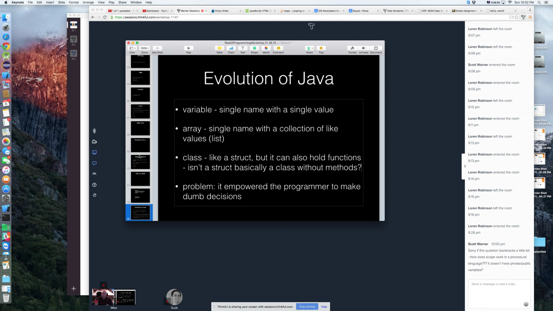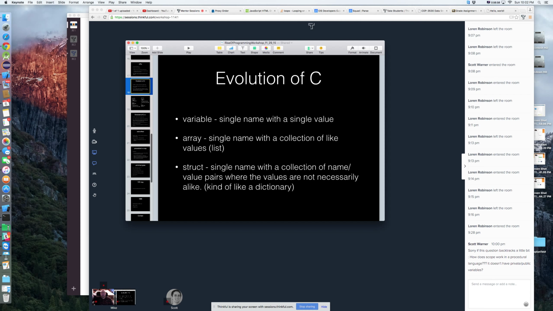All right, so in any case, when I mentioned dictionaries back here in the evolution of C, and I said that structs are kind of like dictionaries. The difference is in C, structs are typically passed by value. In most of our modern languages, mostly interpreted languages like Python and Ruby that have dictionaries, these guys are all passed by address. So again, structs are similar to those, but not identical.